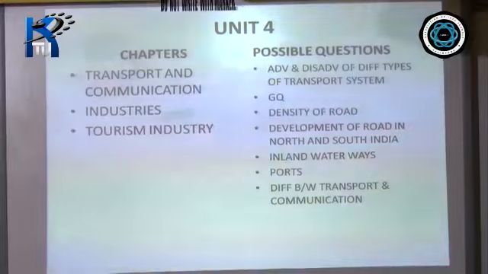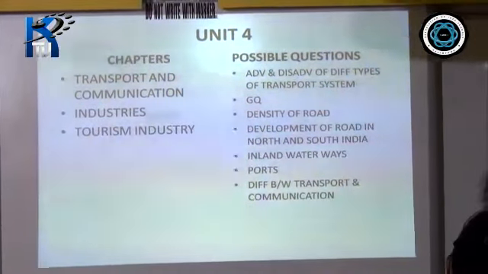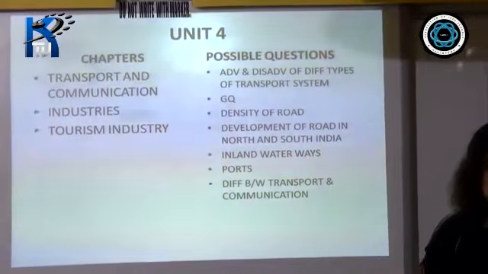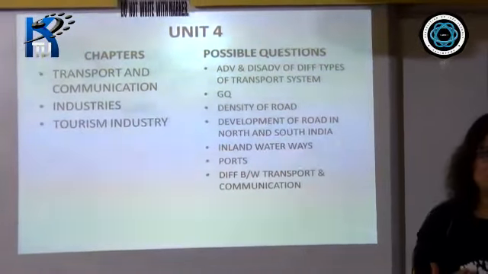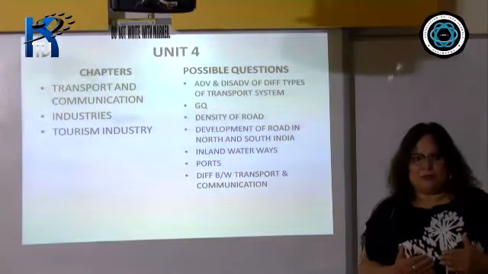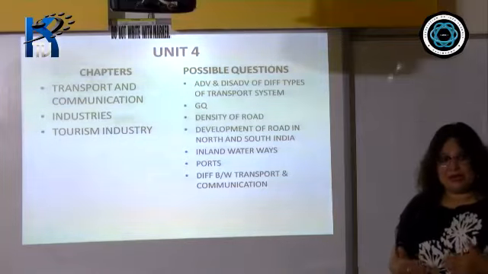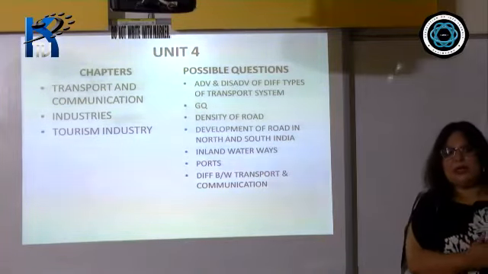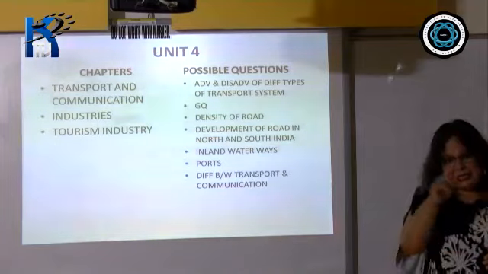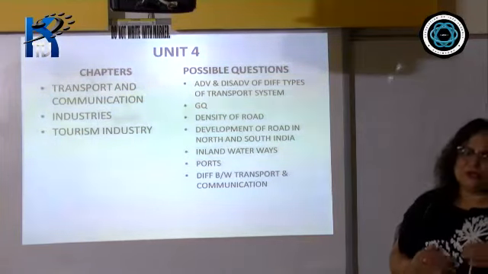These are super express highways with 4 lanes or 6 lanes. The most important thing about this is that it connects the 4 metropolitan cities of our country. You have Kolkata to Chennai, Chennai to Mumbai, and Mumbai back to Delhi. That forms the 4 points of the quadrilateral. You have to know that.